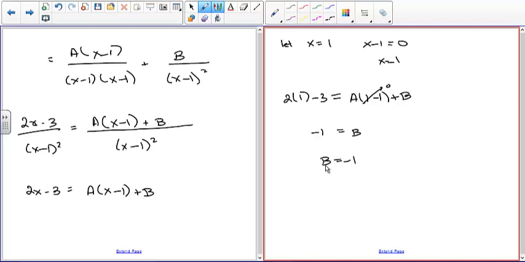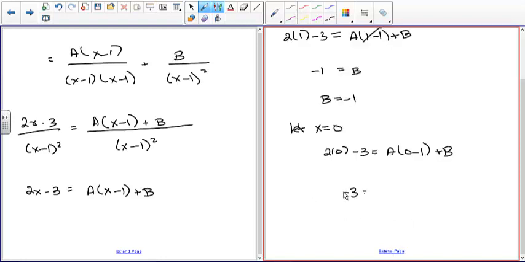And then you can find a by letting x equal anything, really. I usually let x equal 0, but it doesn't really matter. Why do I let x equal 0? Well, that term goes to 0. So if you do that, you get 2 times 0 minus 3 is equal to a times 0 minus 1 plus b.